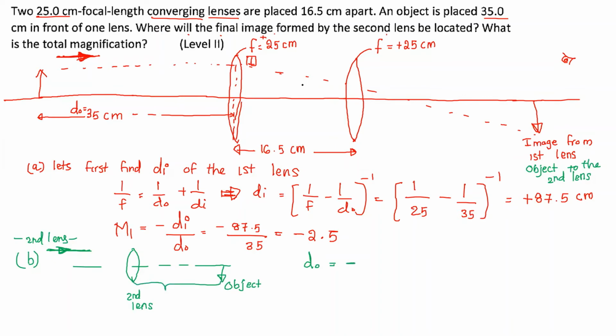So let's see what the distance is. This whole distance is 87.5, right? So what should be this distance?